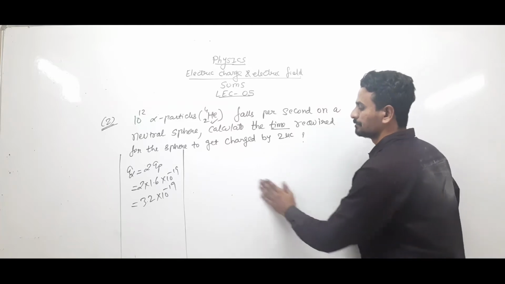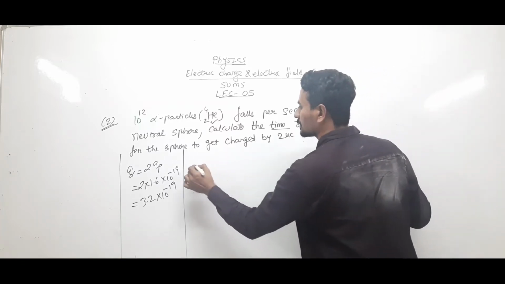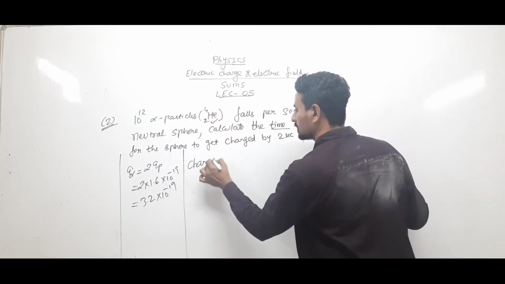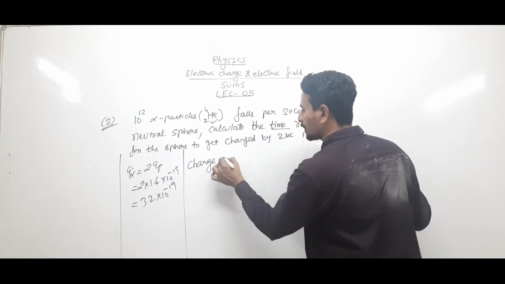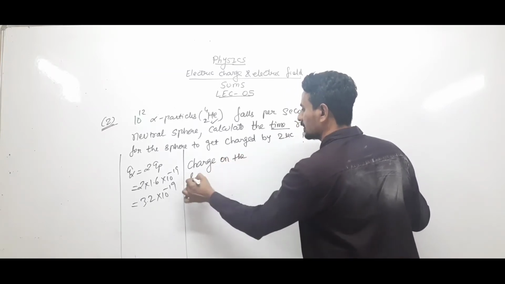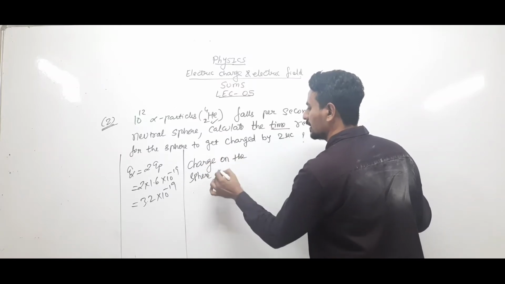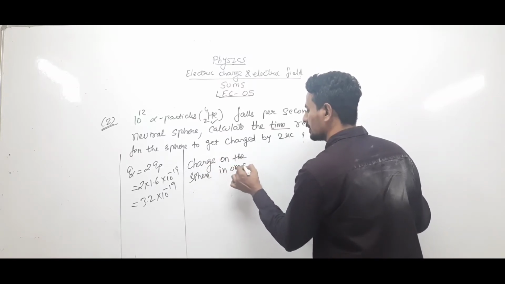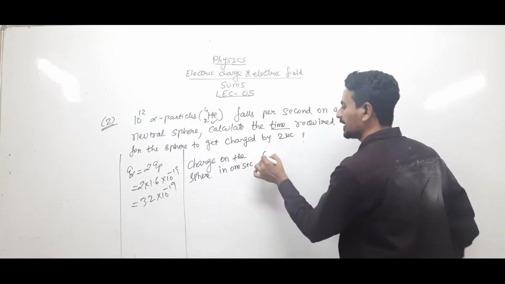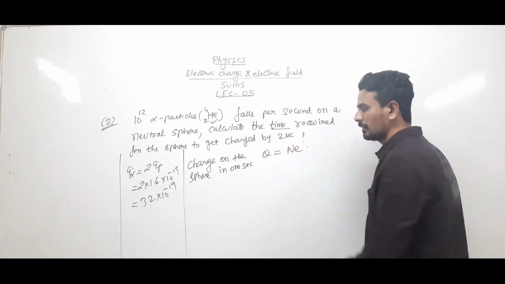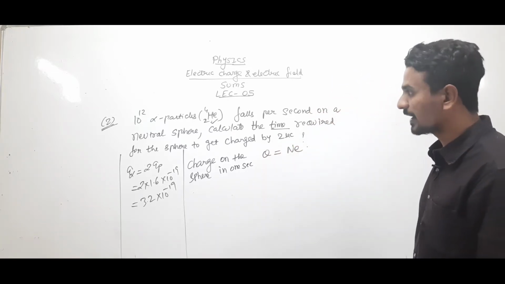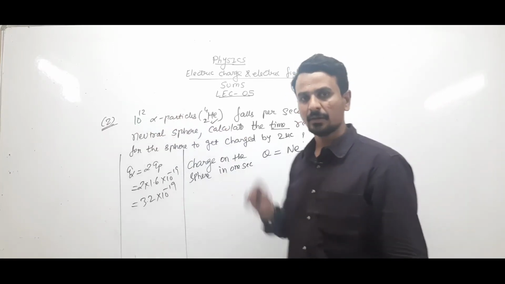Okay, see. The charge established on the sphere in 1 second can be calculated by Q equals to NE. We know the number of particles, right?